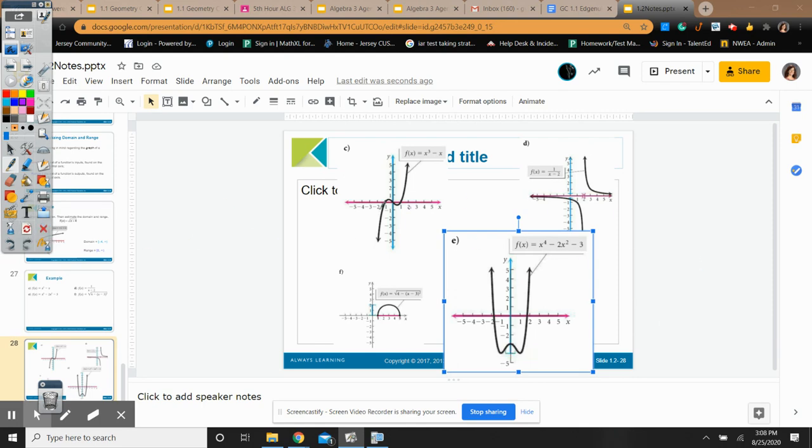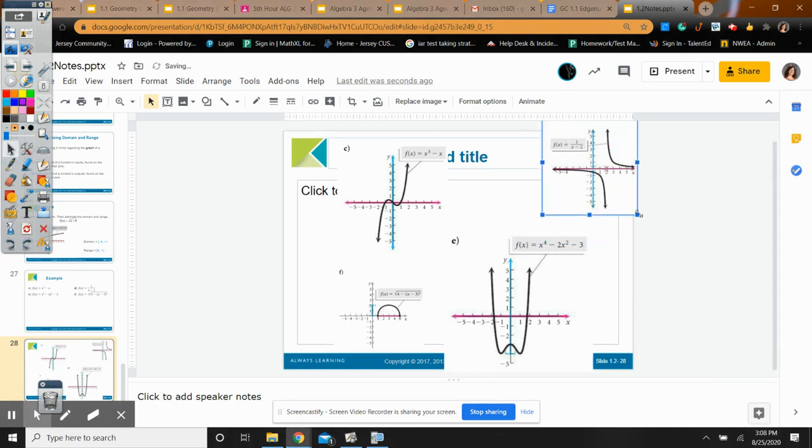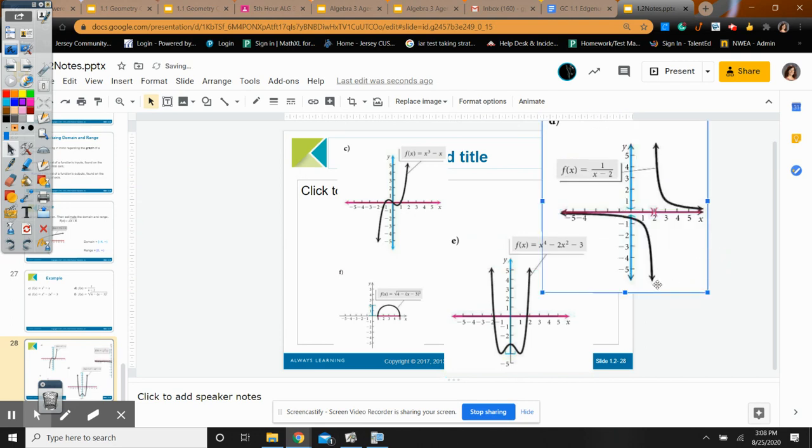And then on D, the one that we skipped here, where you can't divide by 0, it does go down forever and it goes up forever, but you see how it skips right here. So the range for this guy will be down forever, then it stops at 0, then it skips over 0 to infinity.